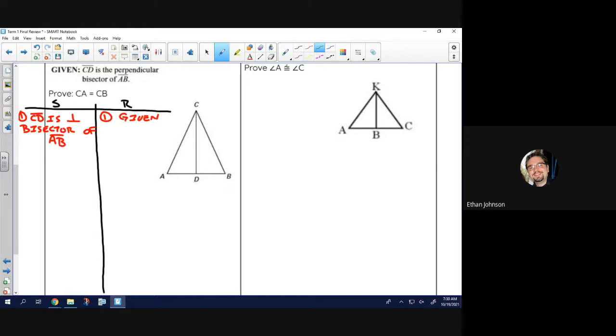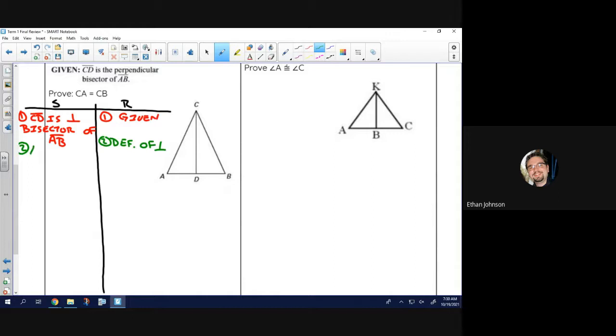The first vocab word stated is perpendicular, so might as well deal with that one first. So I know my reason is going to be definition of perpendicular. Perpendicular means two lines or line segments that make a right angle.